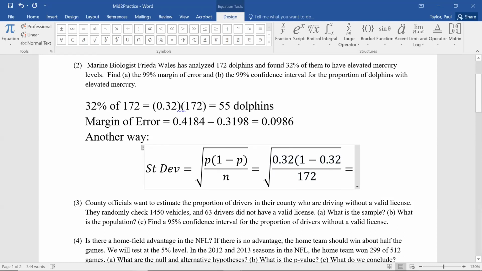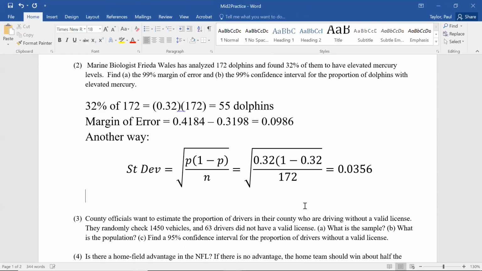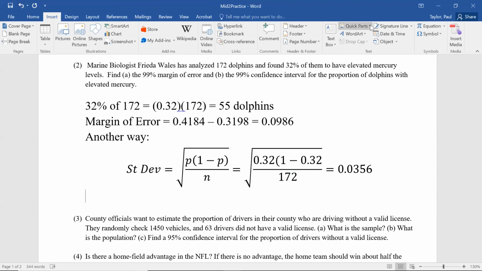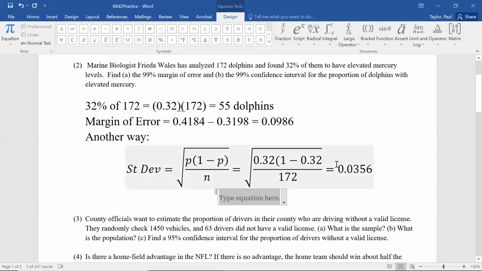I did this earlier, and I got 0.0356. That's the standard deviation. Now, a 99% confidence interval is the middle chunk of the bell with two tails on the outside sharing the 1% that's left over.